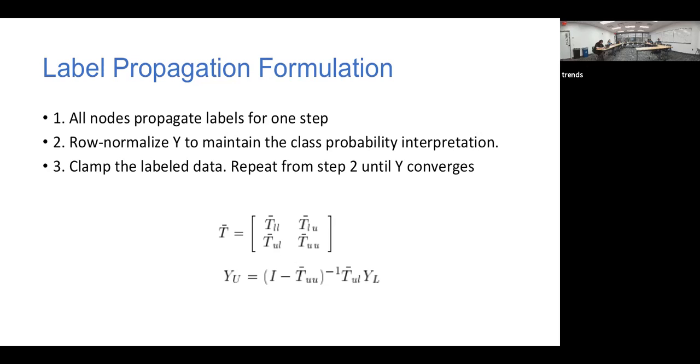So TLL is from labeled to labeled. So then you can pick the label Y for you, I guess.